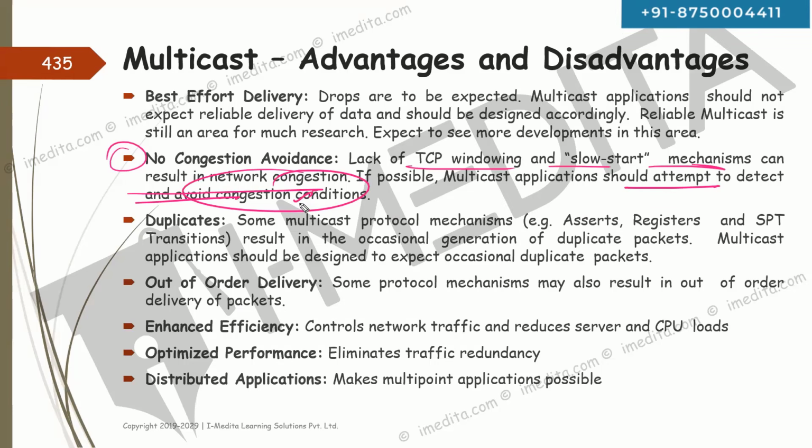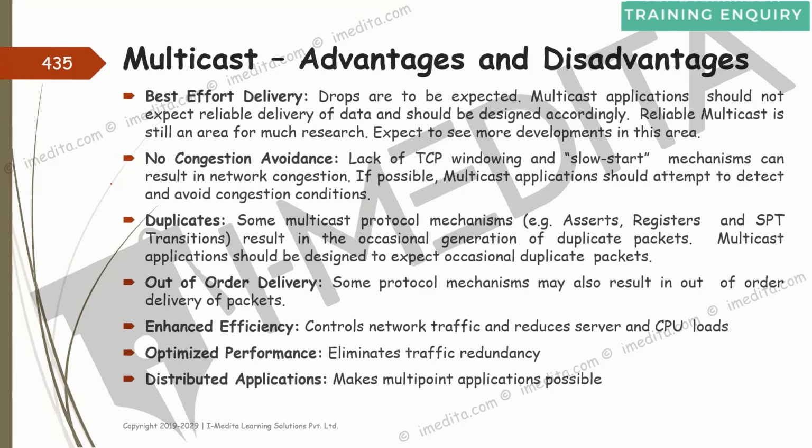So whatever multicast application you are using in your production environment, it must be designed in such a way that it can handle drops. If a packet gets dropped, how the multicast application is going to deal with that has to be there, and it must have some sort of congestion avoidance mechanism built in as well, because that is not the responsibility of multicasting.